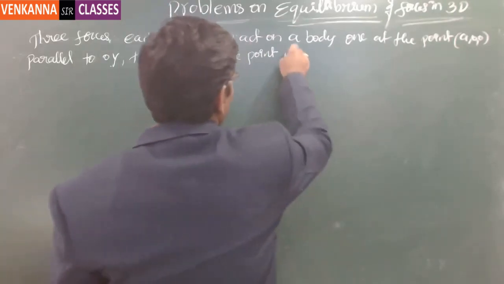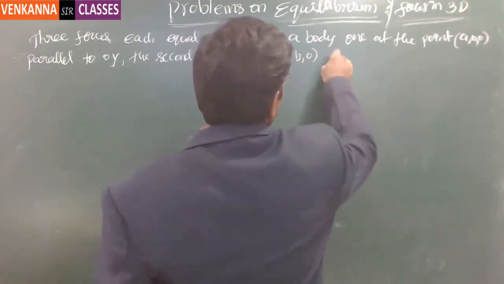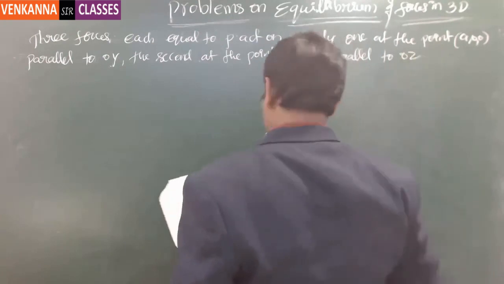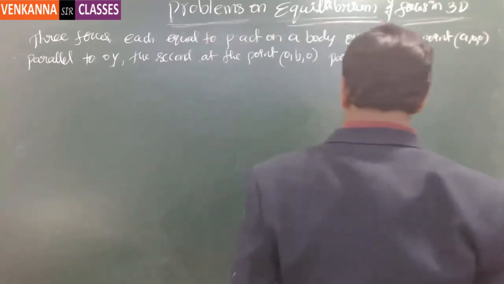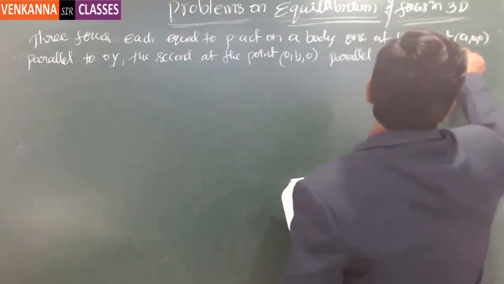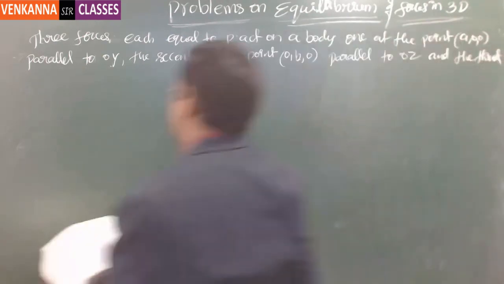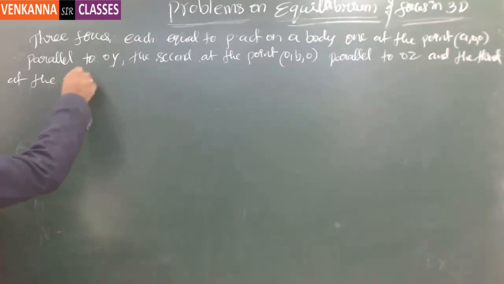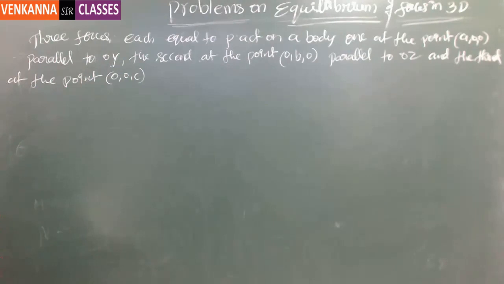0 comma b comma 0 parallel to OZ. And the third at the point 0 comma 0 comma c, parallel to Y axis.